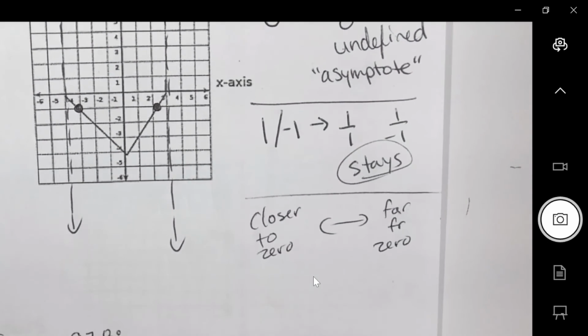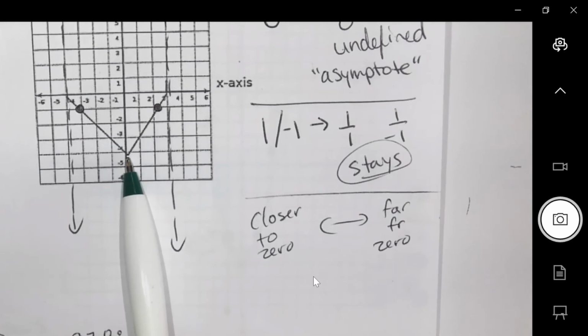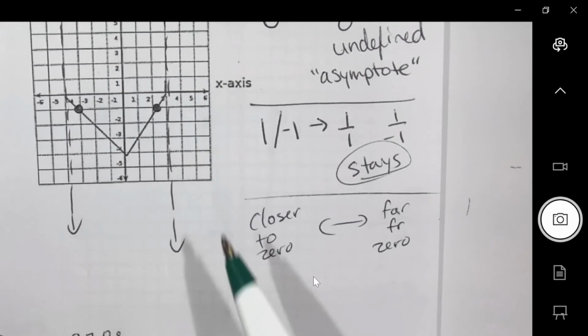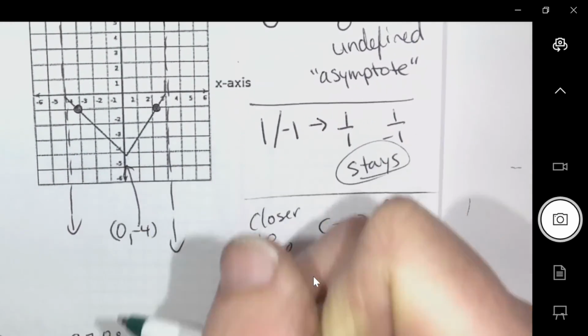Okay, the last part is I fill in the pattern. So if I'm the farthest away from 0, I'm going to move that to the closest. And if I'm close, I'm going to move it far away. So I'm going to put my pen right on this coordinate. It is so far in that section the farthest away, which is the coordinate 0, negative 4.